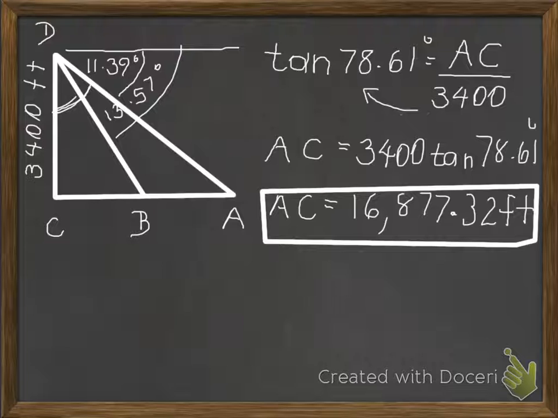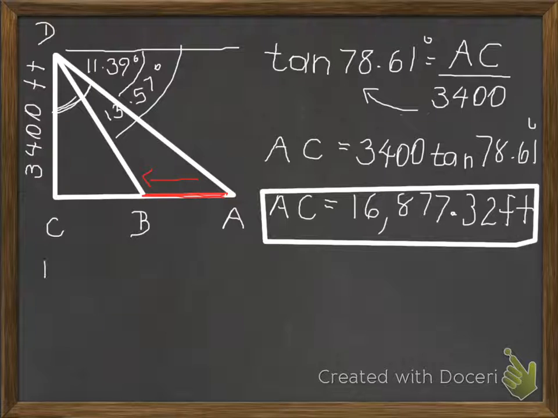Remember, we're trying to find the speed that the fire is traveling from point A to point B. So in order to do that, we need this length, AB. To find length AB, we still need length BC.